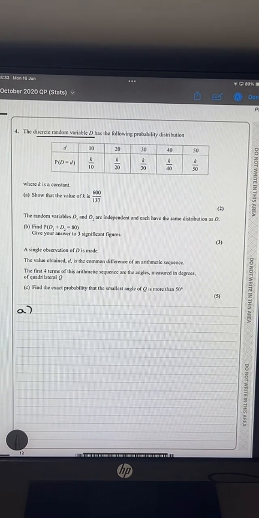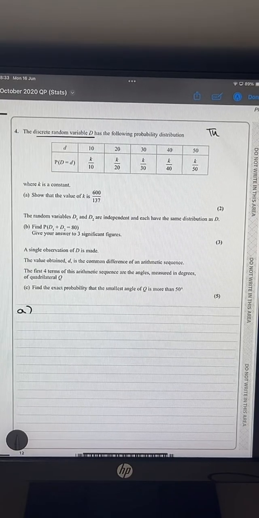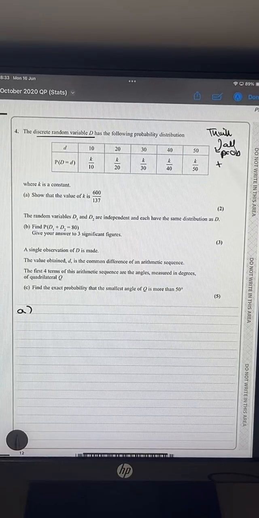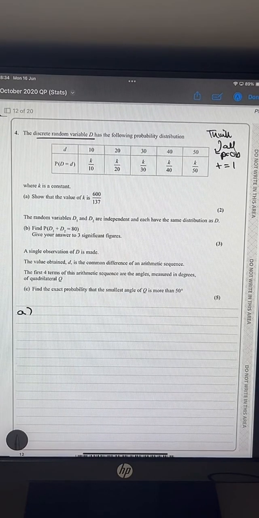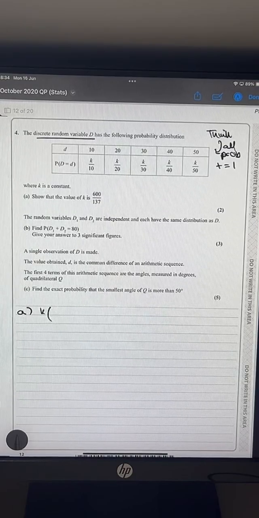Well, there's only one other bit of information I have, and as soon as I see this, I need to think all probabilities add to equal 1. This is not GCSE further maths, this is A-level statistics. So all probabilities add to equal 1. If I add all of these, I'm going to factorize out the k, so I'm not writing that too many times.